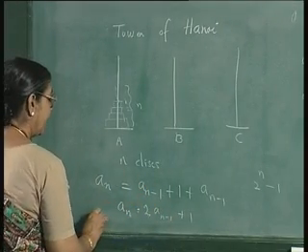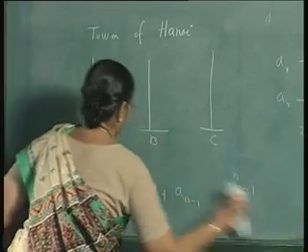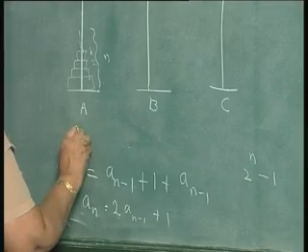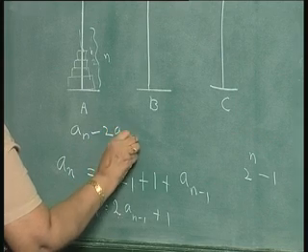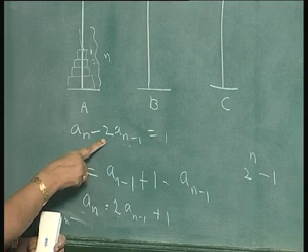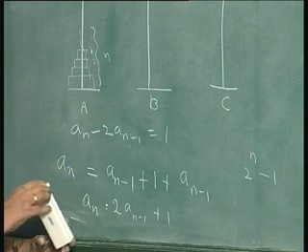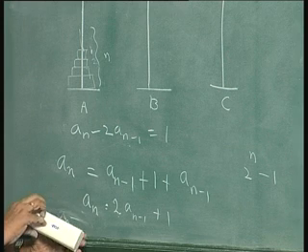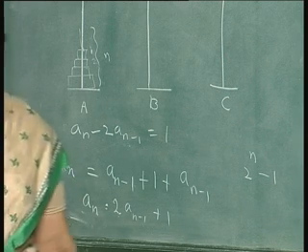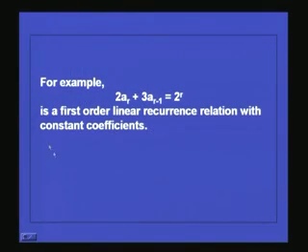You can write it as AN minus 2AN minus 1 is equal to 1, C naught is 1, C1 is minus 2, FR is 1, and this is a linear recurrence relation of the first order with constant coefficients.